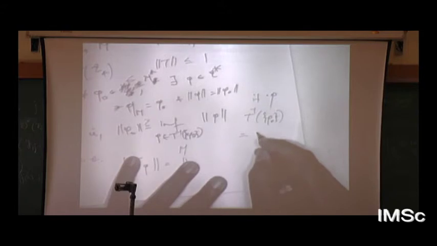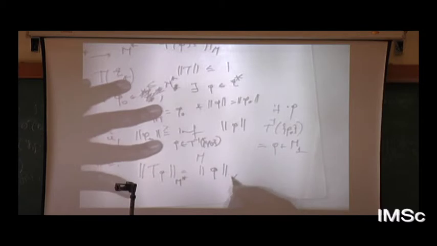If you have one phi in T inverse of phi naught, then everything else is going to be obtained by phi plus M perp. If I take any two things which restrict to the same functional on M, their difference must kill M. Right? So they say that it is exactly the norm of phi.